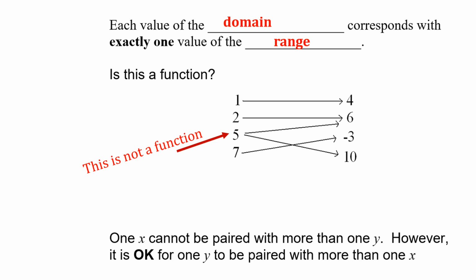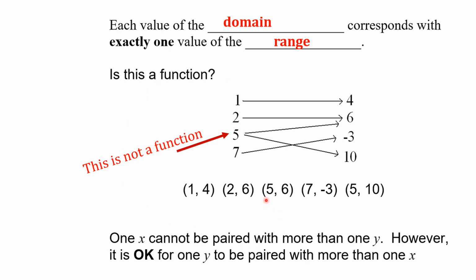All right, now another way of writing this exact same relation is with coordinate points, x, y coordinate points. It's the way you write coordinate points. This is exactly the same description of a relation as this is. When I say 1, you say 4.